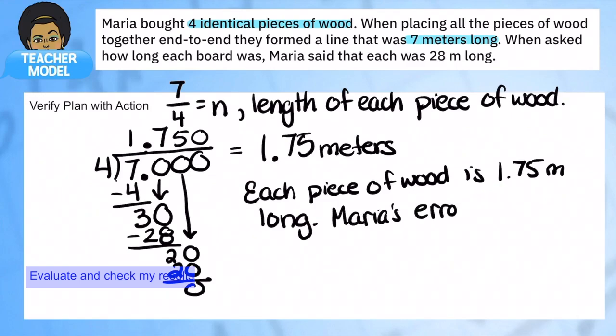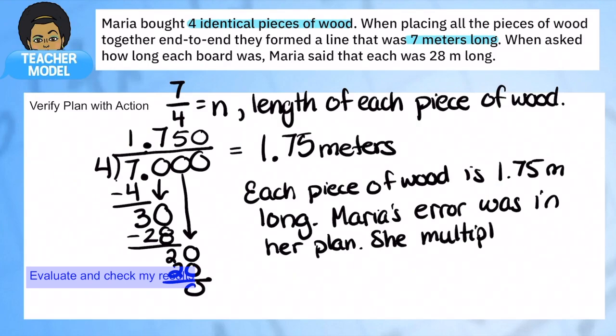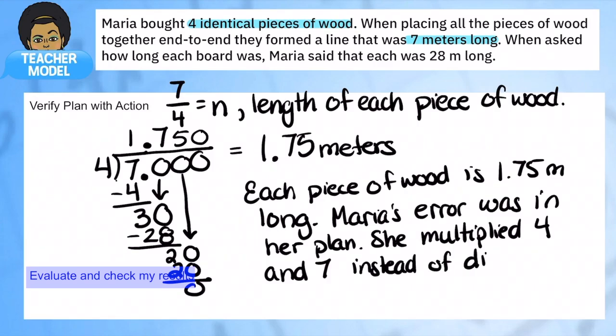Maria's error was in her plan. She multiplied 4 and 7 instead of dividing 7 by 4. 4 times 7 equals 28.